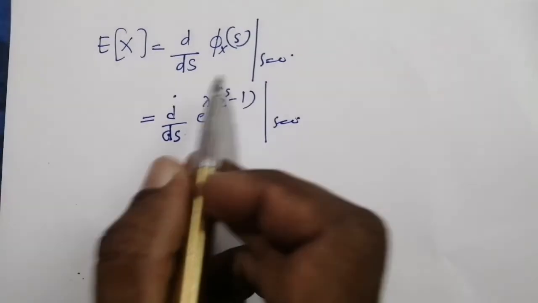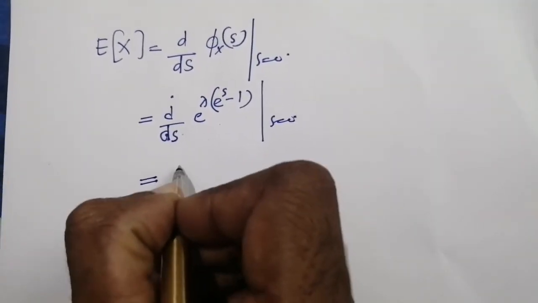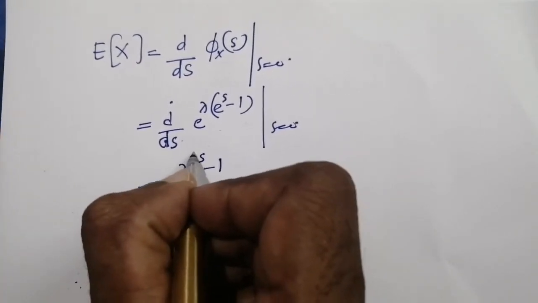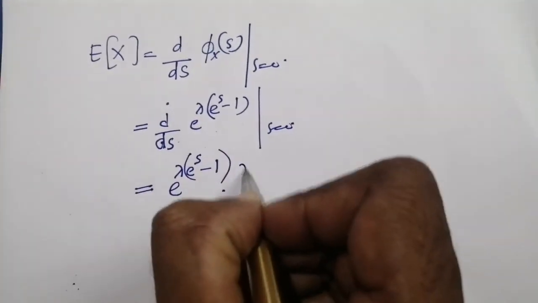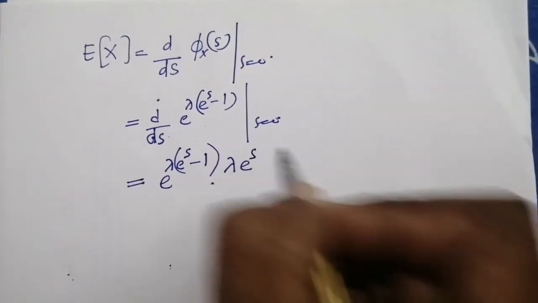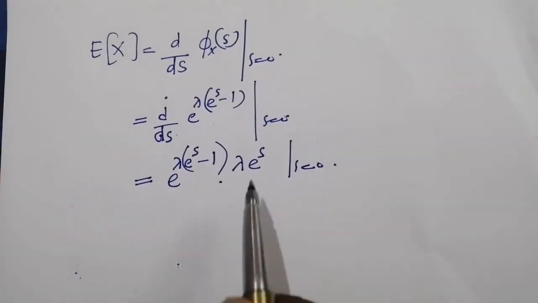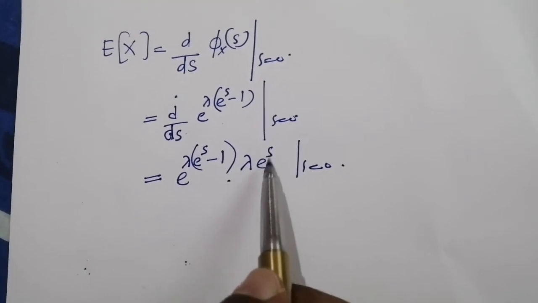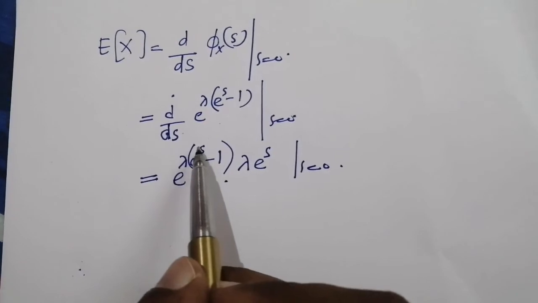If you differentiate this function for the first time, it can be written as e raised to lambda (e raised to s minus 1) into the derivative of the exponent, that is lambda e raised to s, and put s equal to 0. If you put s equal to 0, e raised to 0 is 1.